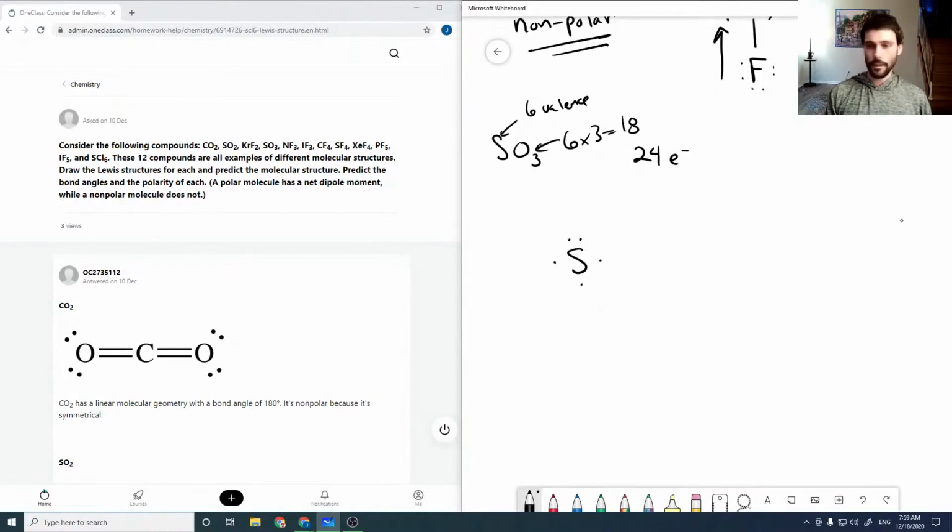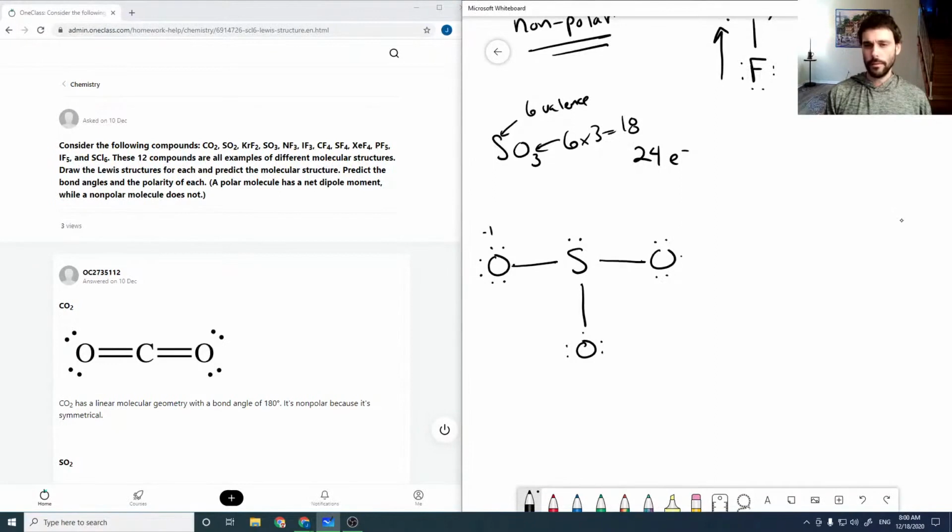So we're fairly certain that to get an octet, we're going to have to do something like this. So I'm drawing 2 little electrons there now. I'm going to go ahead and pop that on this oxygen here, just kind of as a shortcut. But then we're still going to have trouble getting our octet.